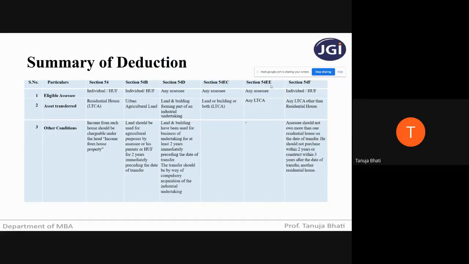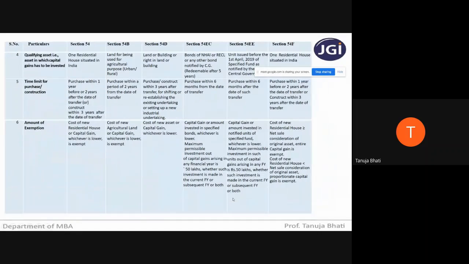Then 54EE, any long-term capital asset invested in specified bonds. 54F, any long-term capital asset other than a residential house invested in a residential house. But the other conditions also you need to look into to apply the exemption limit.